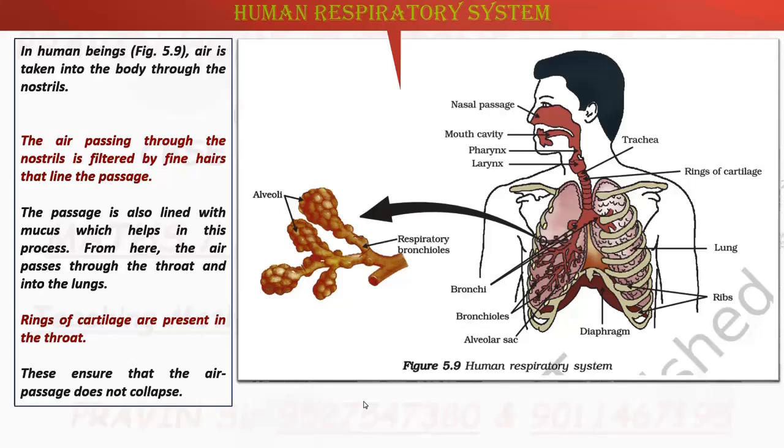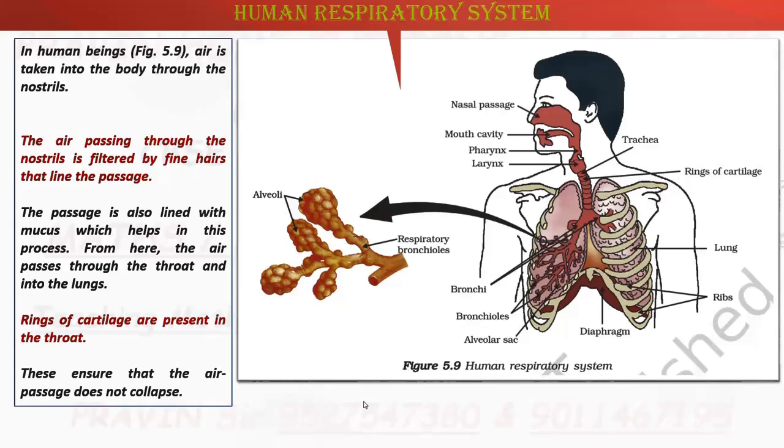Then lungs. Humans have a pair of lungs which are sac-like structures covered by a double-layered membrane known as pleura. The lungs separate oxygen and carbon dioxide from the air, where oxygen is supplied to the heart and carbon dioxide is exhaled out of the body.